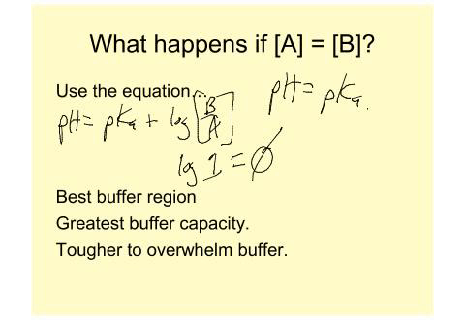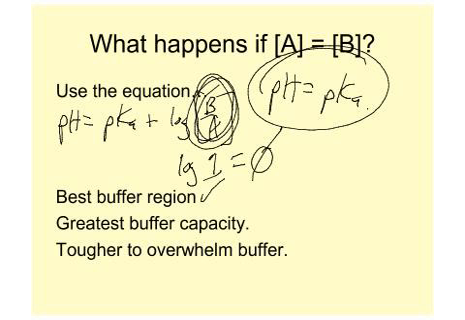Right? So that's significant. pH equals pKa. It's also the best buffer region because you're going to have substantial amounts of both base and acid. It's going to have the greatest buffer capacity because you have lots of it relative to each other. Remember, we're talking about this. So if you have lots of it, it's going to be tougher to overwhelm the buffer. You can overwhelm buffers. They don't buffer forever.